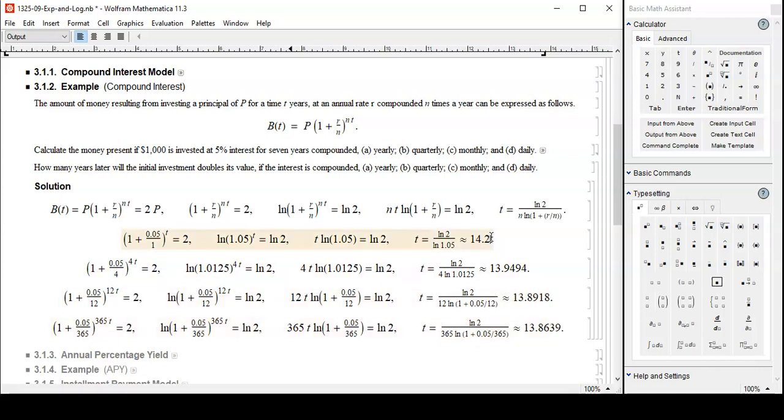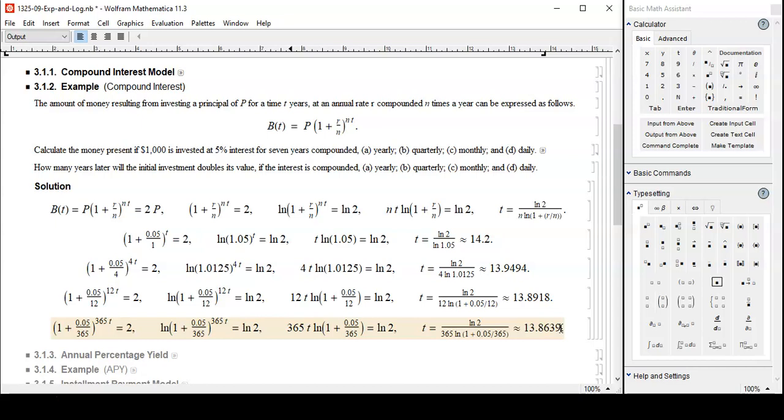So what do you get? 14.2 years for annual, the once a year compounding, 13.95 years for compounding quarterly, 13.89 years for monthly compounding, and 13.86 for daily compounding.